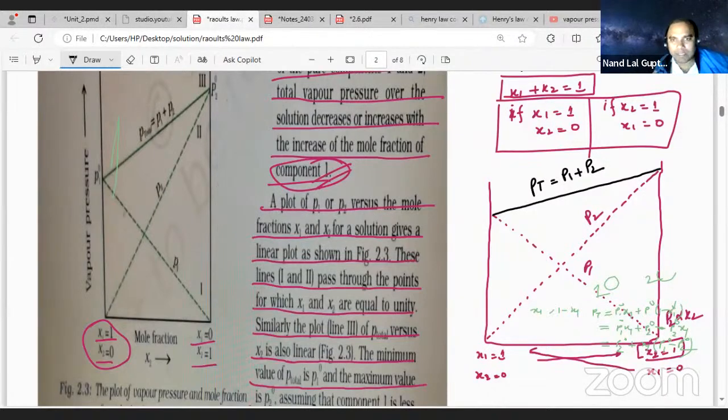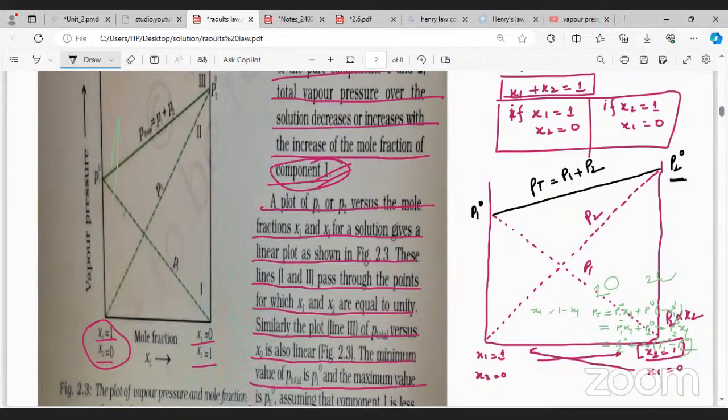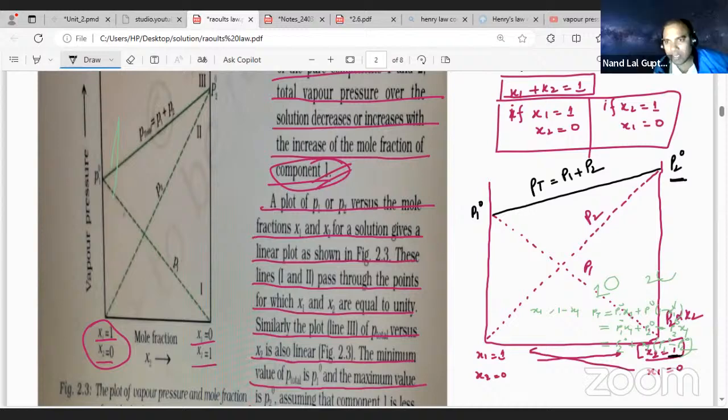This is the vapor pressure. This is P1 naught and this is P2 naught, the pure state. Pure state means highest vapor pressure. So P2 naught will be highest here because the mole fraction x2 is highest here, and P1 naught will be highest here because the mole fraction of 1 is highest here.